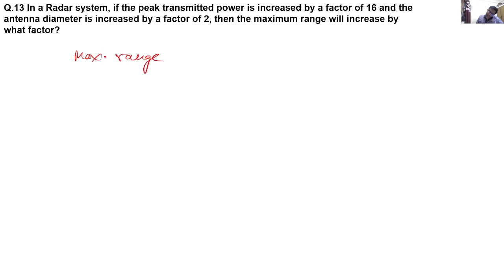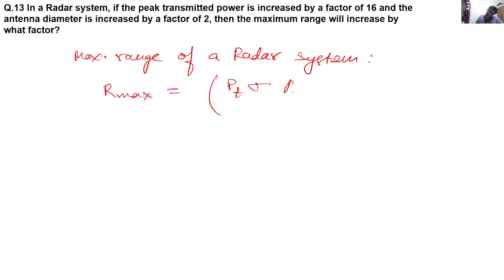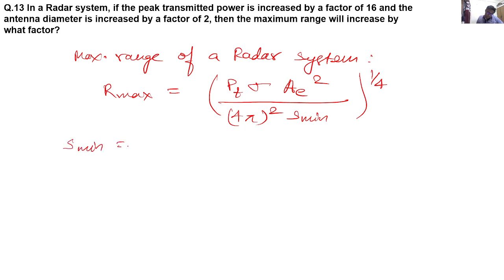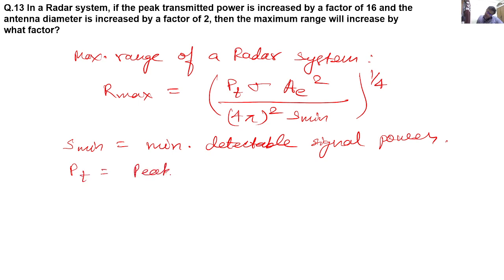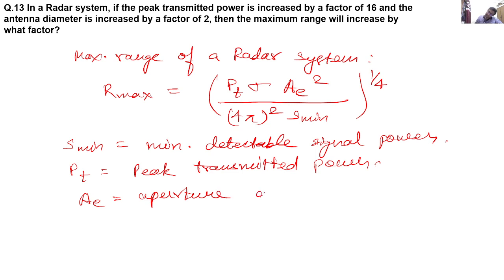We know that maximum range of a radar system R max equal to PT sigma AE square by 4 pi square S min, power 1 by 4, where S min is the minimum detectable signal power, PT is the peak transmitted power, AE is the aperture area, and D is the antenna diameter.